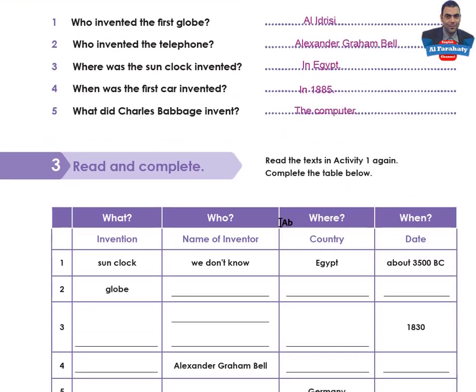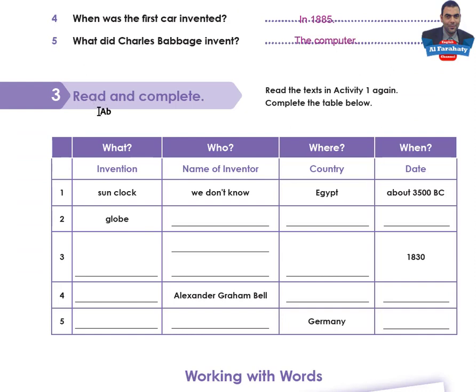Thank you. Activity 3. Read and complete. Read the texts in activity 1 again. Complete the table below. What, who, where, when. Here you are asked to write the invention, the name of the invention. And here you are asked to write the name of the inventor.